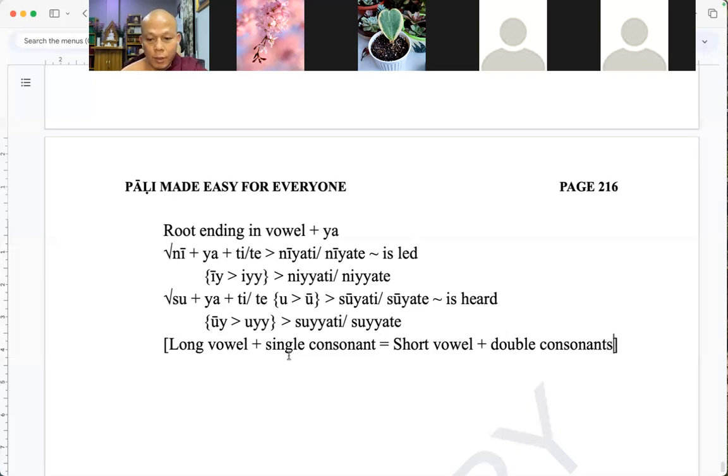So in this way, based on this one, another change can also be seen. Sometimes a long vowel alone also changes to, or equals, a short vowel plus a single consonant.